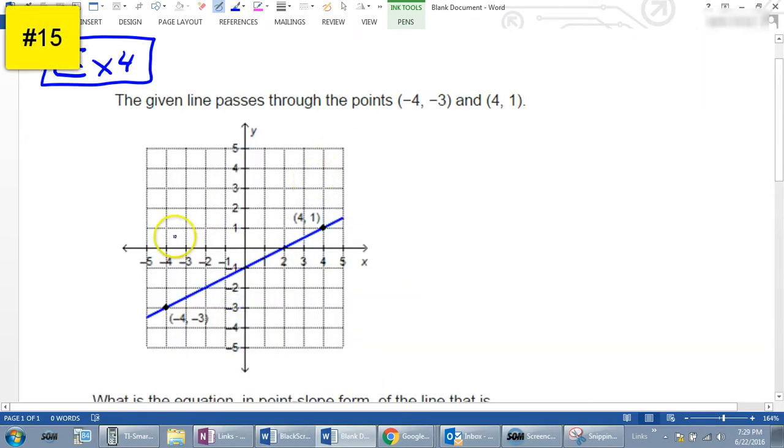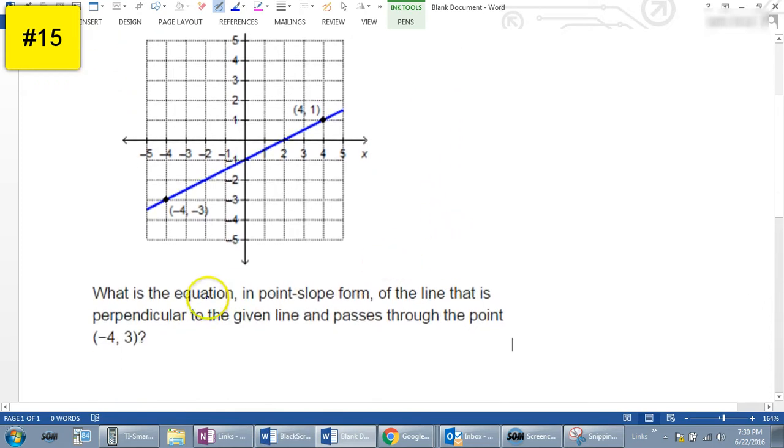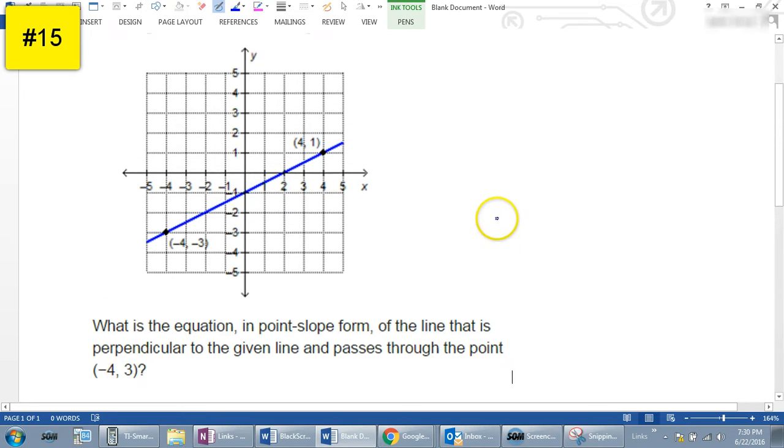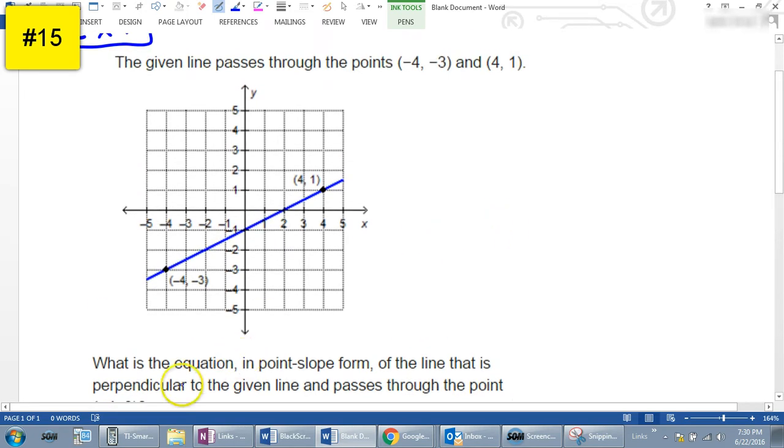Okay, this line passes through these 2 points. Great. What's the equation in point slope form of a line that's perpendicular to this line and passes through the given point? So they're using this word again, perpendicular.